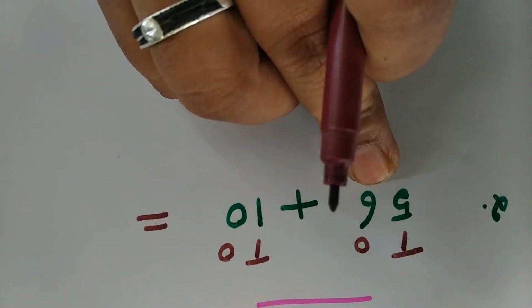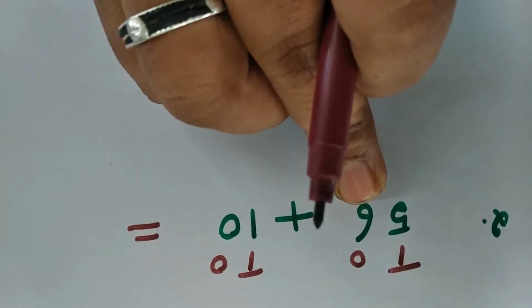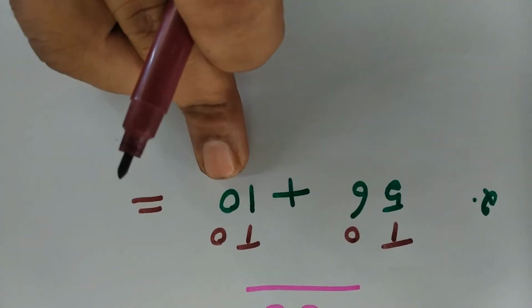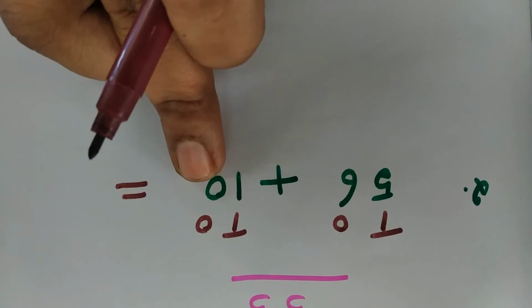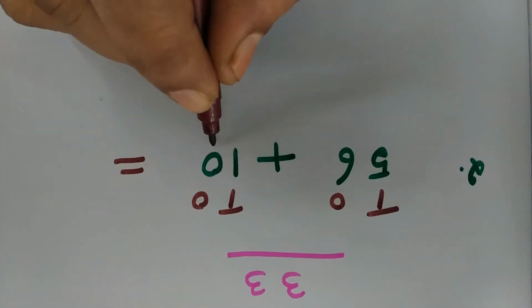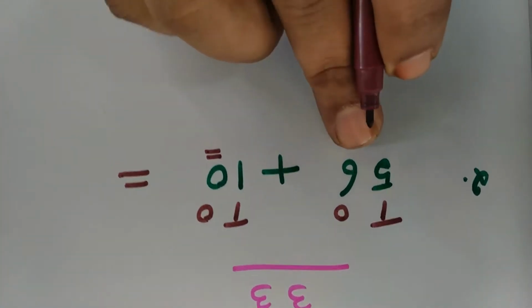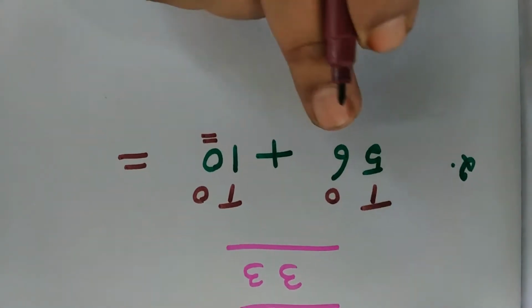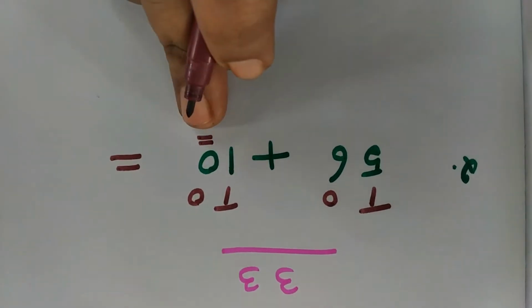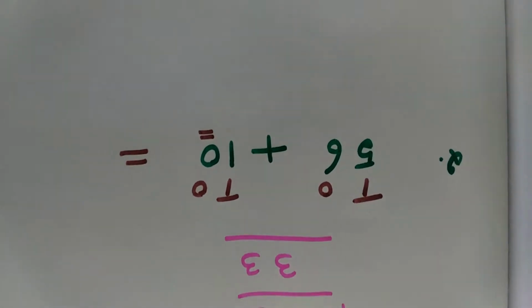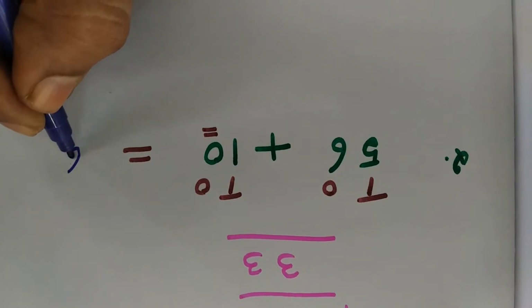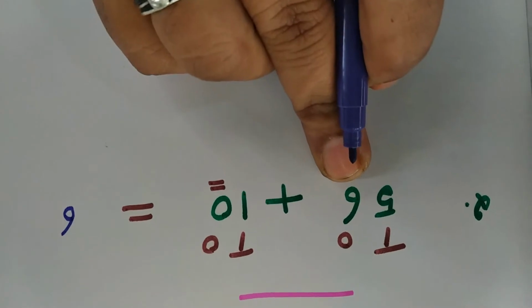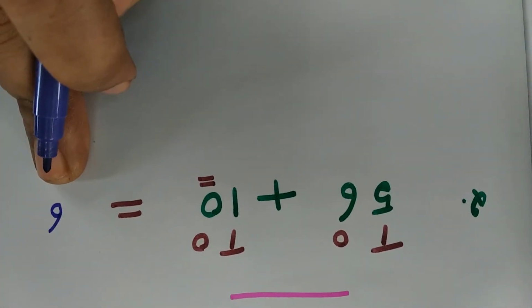In this number, how many ones we have children? 6 ones. Yes, very good. We have 6 ones. And see in this number 10, how many ones we have? 0 ones. Any number add with 0, here we have 6. So 6 plus 0, we will be getting 6. Okay, the same number you will be getting.